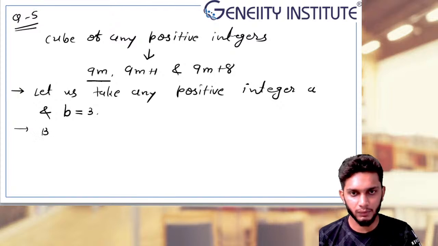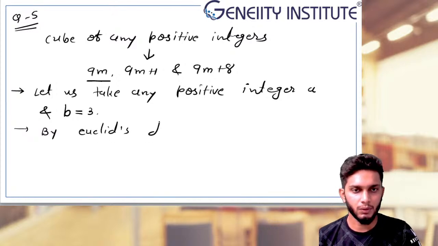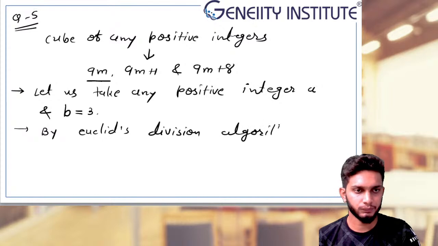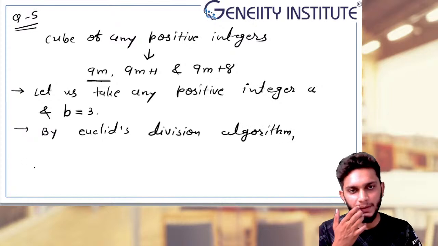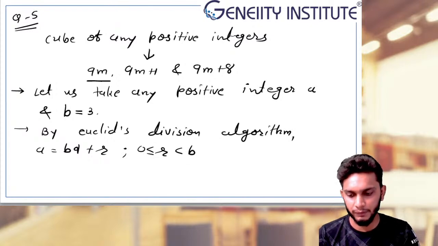By Euclid's division algorithm, a equals bq plus r, where r is greater than or equal to 0 and less than b.